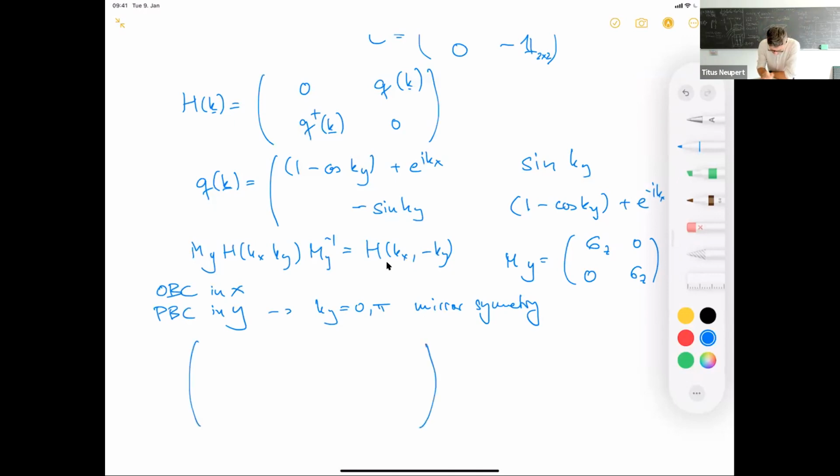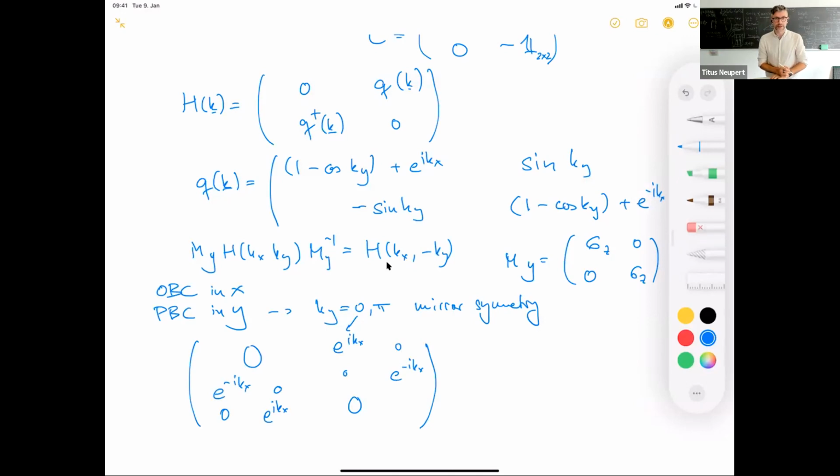So let's go, for instance, to ky equal to 0. Then we see that these cosine terms are vanishing, and the Hamiltonian just looks like e to the ikx, e to the minus ikx, 0, 0, e to the minus ikx, 0, 0, e to the ikx. All right, and that should ring a bell. So this Hamiltonian looks particularly simple.